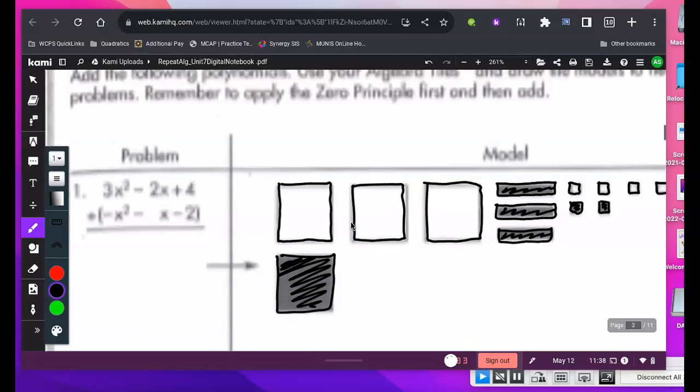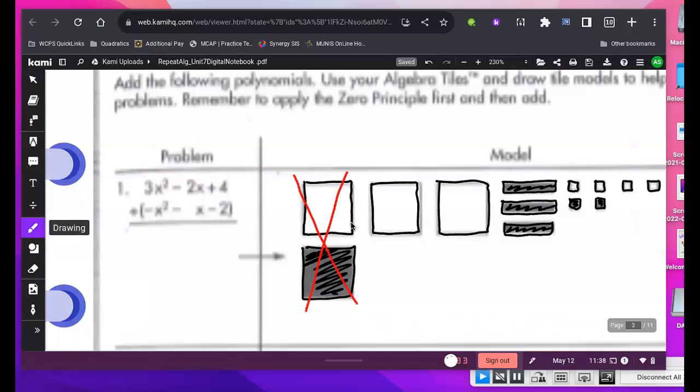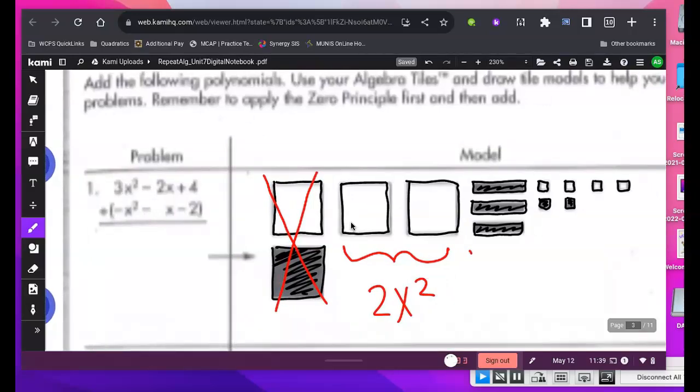And now what we're going to do, we're just going to eliminate every negative with a positive. So I'm going to eliminate these 2, because 1 positive and 1 negative eliminates. They equal 0. Now, how many positive x squareds do I have left? I have 2 positive x squareds left. Okay? Now, I don't have anything to cancel out here because I don't have any positives.